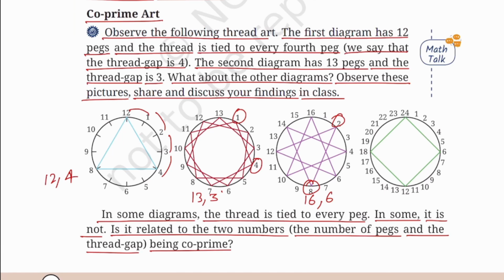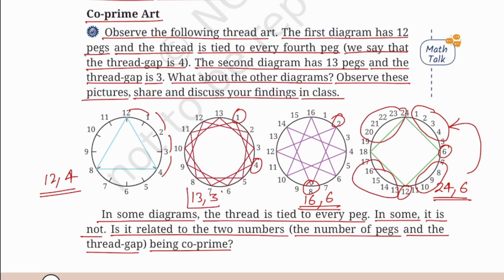In the last picture, you can see there are 24 pegs and the thread gap is 12 minus 6, that is 6. You can see these pairs of numbers are non-co-primes, and you can observe that some pegs are left untied.